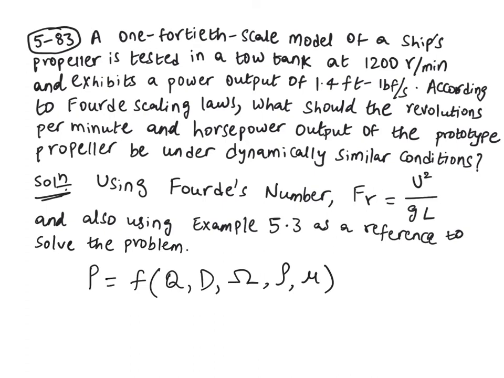We have a set of repeating variables, so those are rho, omega, D are the repeating variables.